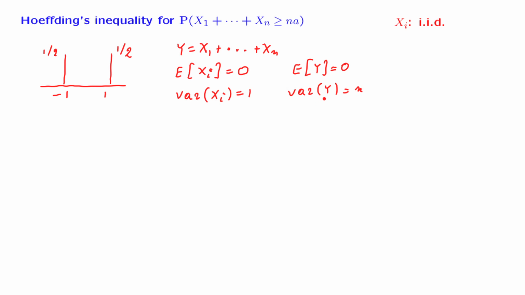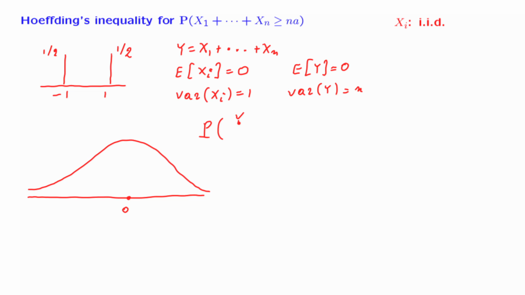Now, what do we know about the random variable Y? By the central limit theorem, Y has an approximately normal distribution. The distribution is centered at 0. And also, the random variable Y over square root of n, this is a standardized random variable, so it's approximately normal.